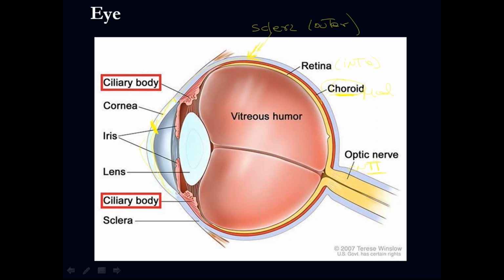Okay, so it's covering the inner cavity of the eye. All right, so that is what we need to say about the three layers. The eye has 3 layers, 3 chambers. So everything is 3. Okay.